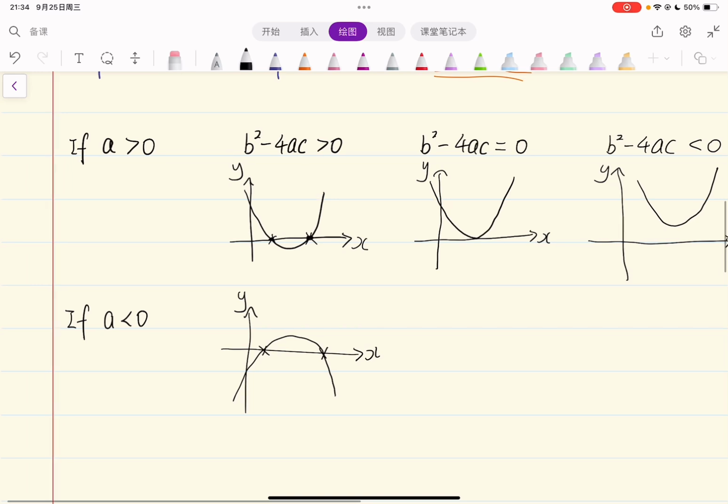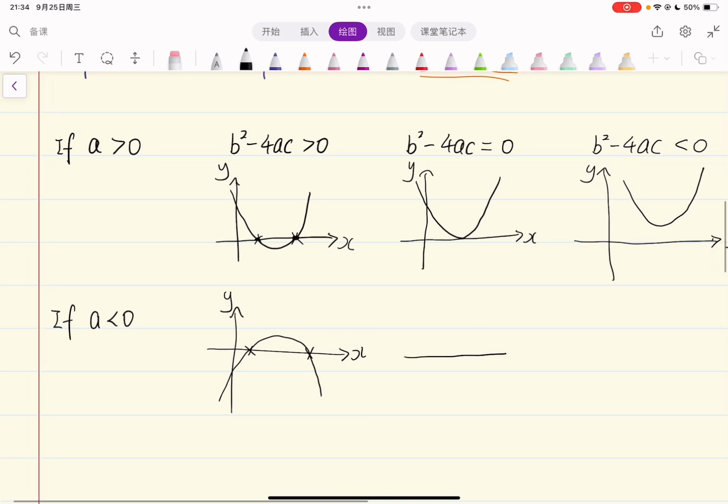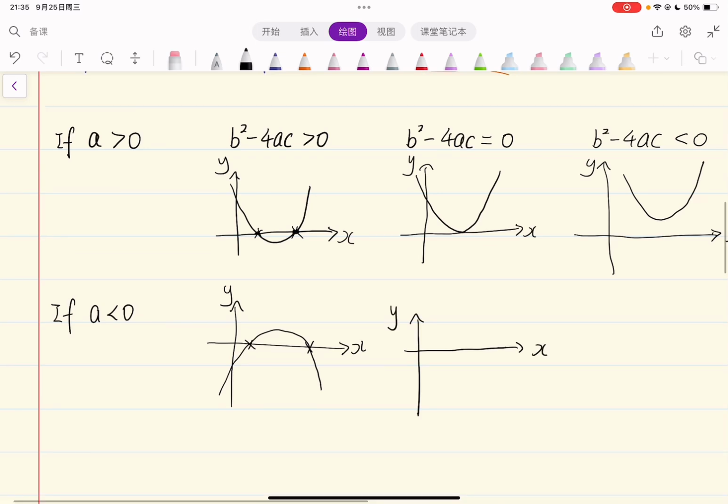And for b squared minus 4ac equals 0, we only touch once, that is the turning point. And here it's the maximum point. So only touch once, that is the turning point. Let me write it over here.